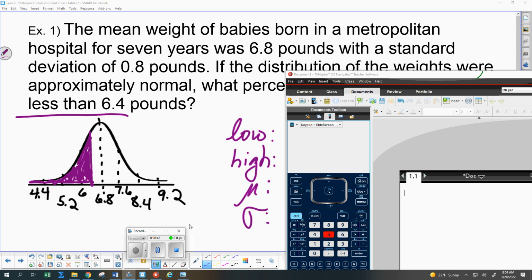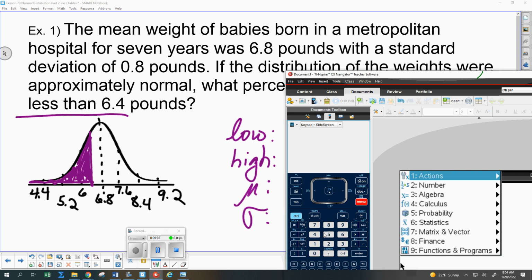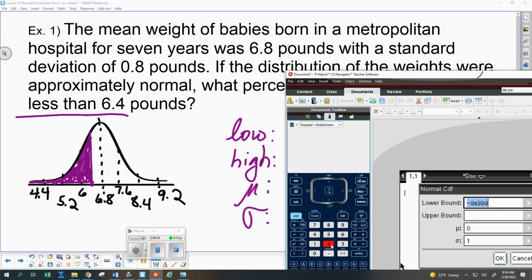So make sure you're on a calculator page in a document or the calculator scratch pad. Menu, 552. And then it has negative 9 times 10 to the 999. That is so far out to the left on the number line that it's close enough to negative infinity, but I don't want to have to copy that down every single time.